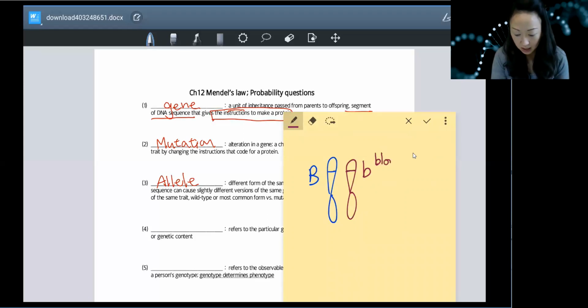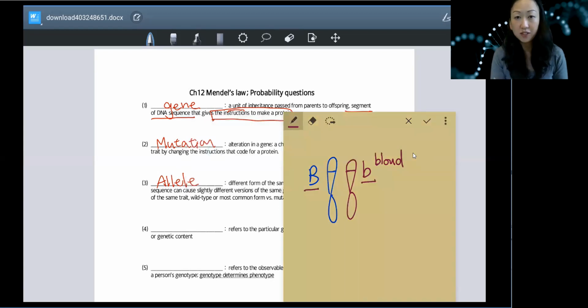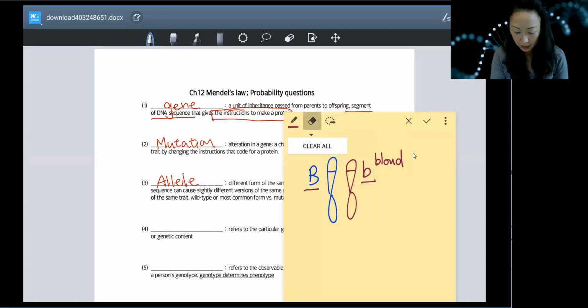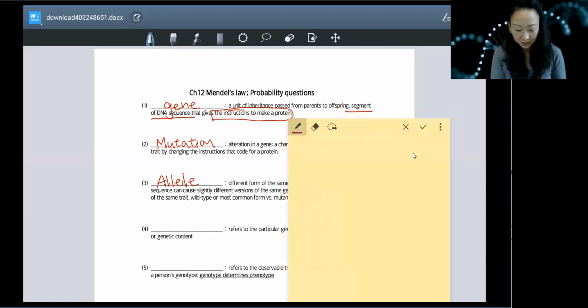They are then called alleles of the same gene because they're the same gene for hair color, but they are of different flavor or variety. So this is called allele. Okay, now let's move on.